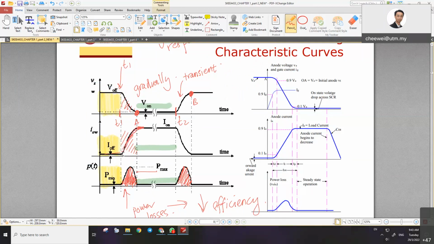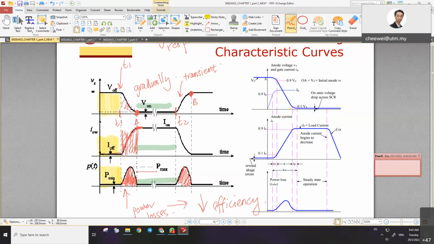So from the moment of zero current until the steady state of the turn on, it takes some time, a period. This period is known as what? Power loss. Why? Because the current is rising and the voltage is falling. Current and voltage, what happens if they multiply with each other? They give you the power.